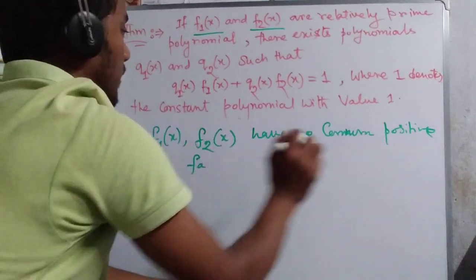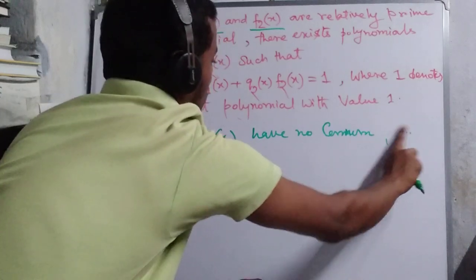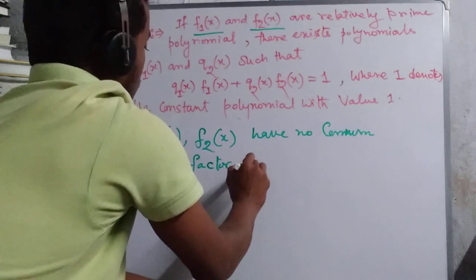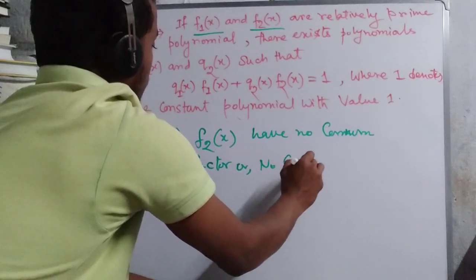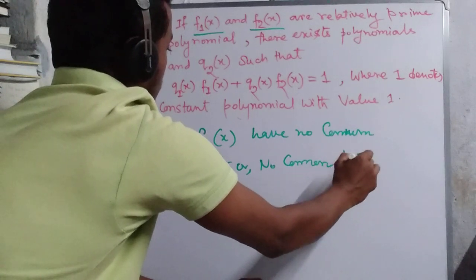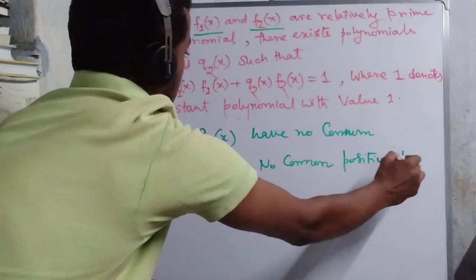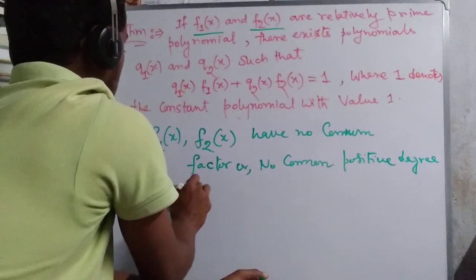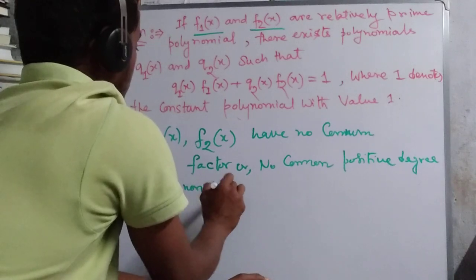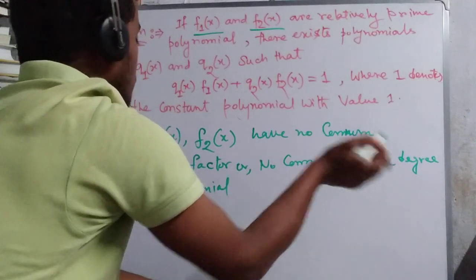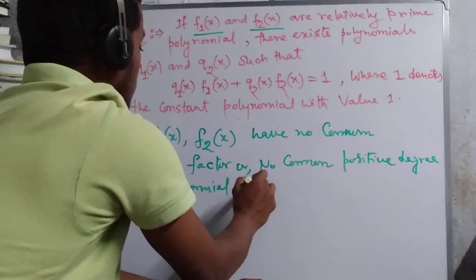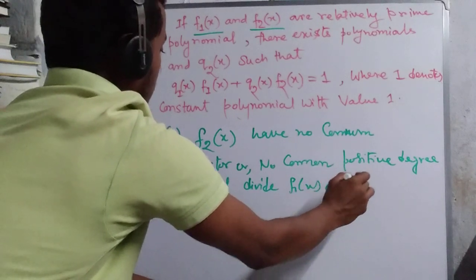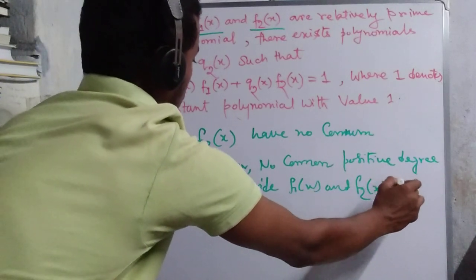No common factor, or no common positive degree polynomial divides f1(x) and f2(x) both.